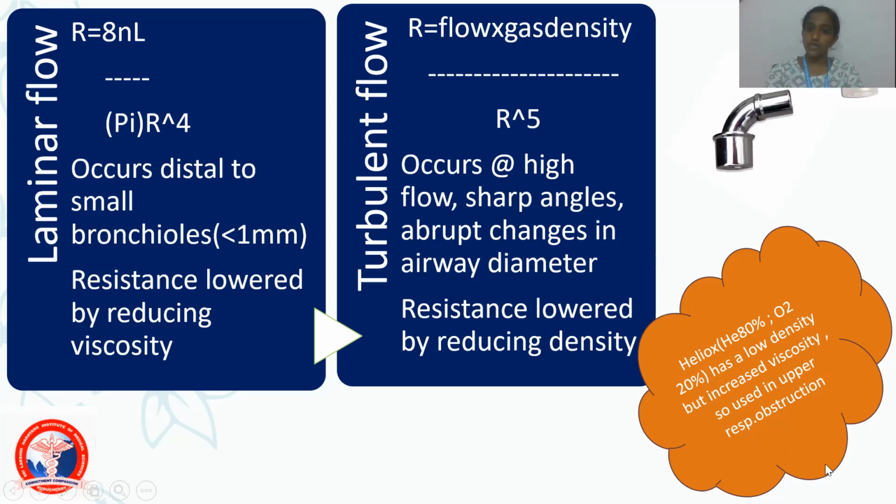So in upper respiratory obstruction, where the turbulent flow is high, we use heliox for such patients. Why do we use heliox? Because it has a low density. Whenever we use a low density gas, we are reducing the resistance.